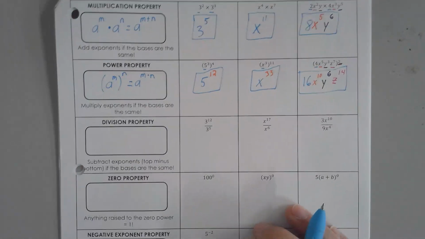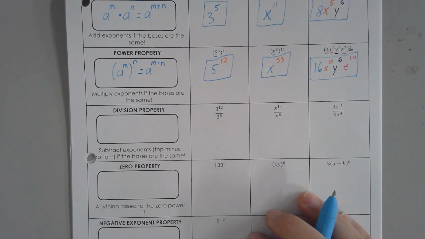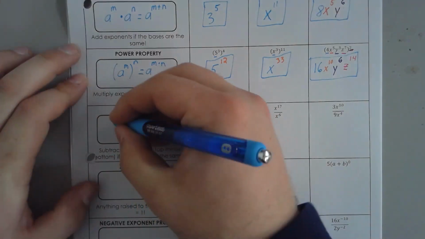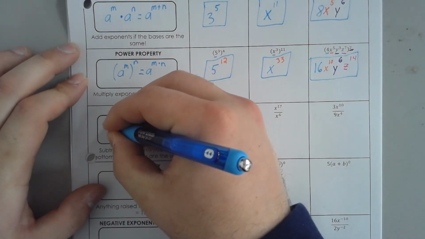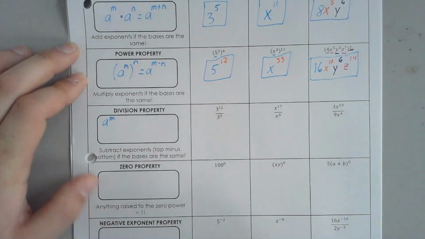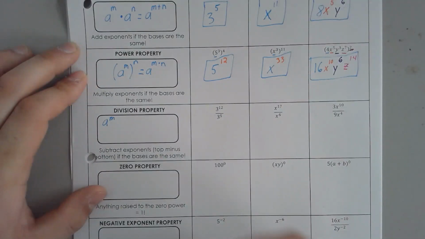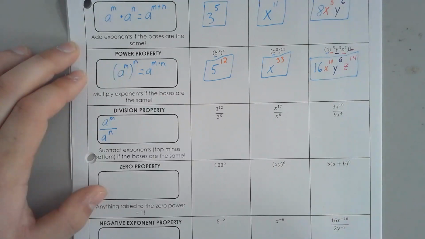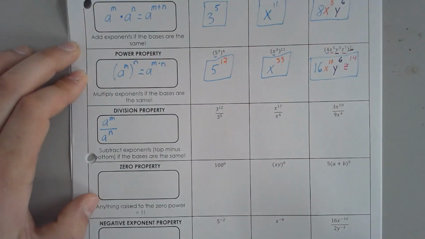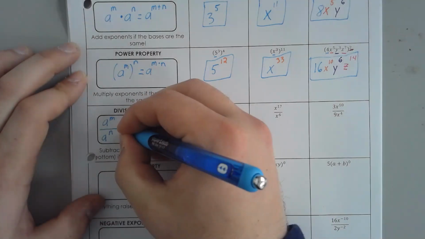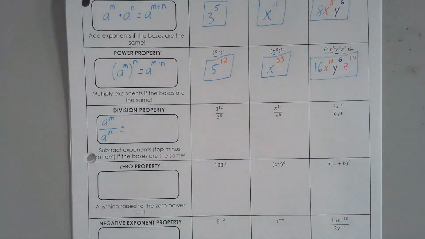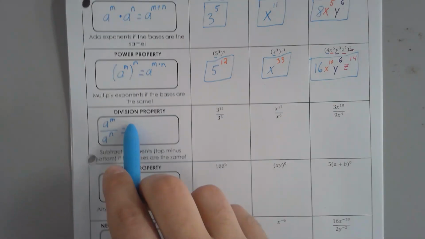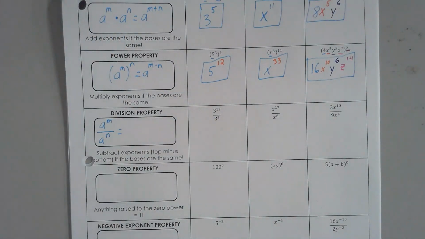Alright, next we have the division property. So we've got our base of A to the n power. So we're talking about division here. What's the opposite of division?